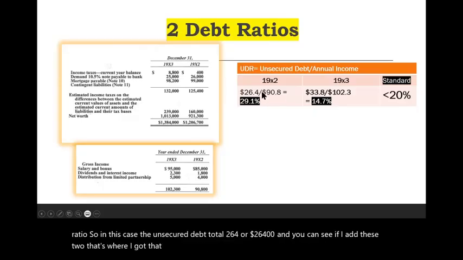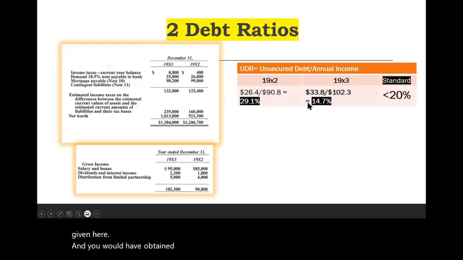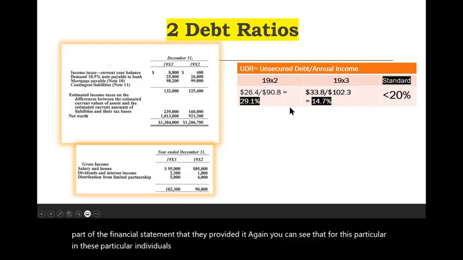And I divided that by the annual income. The annual income is given here, and you would have obtained that from your conversation with the guarantors, or maybe it's part of the financial statement that they provided. Again, you can see that for these particular individuals, the unsecured debt ratio actually went down, right?